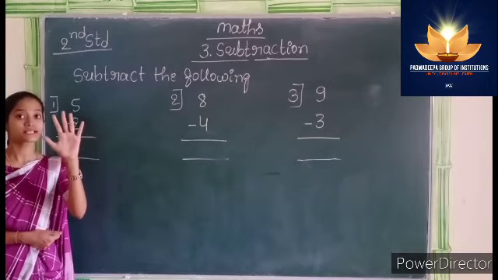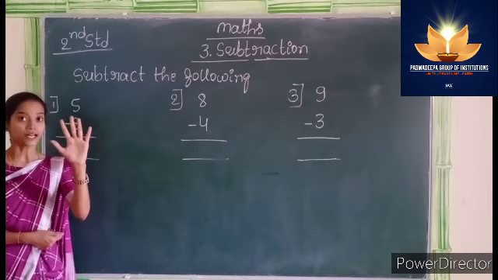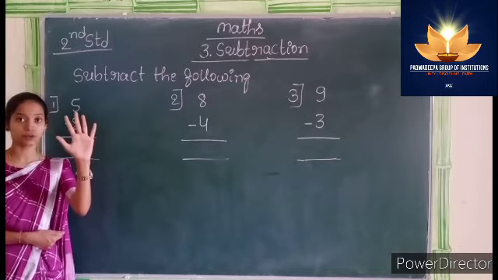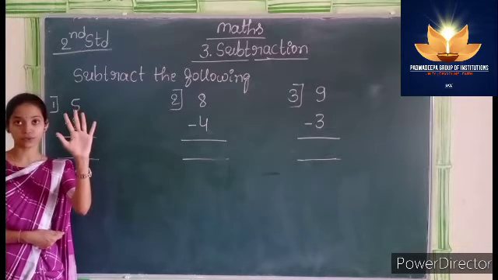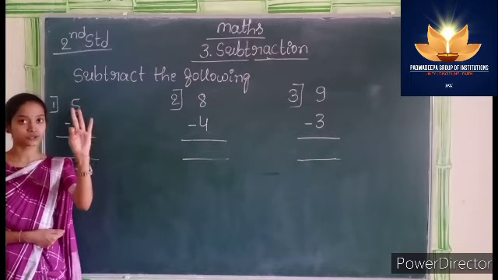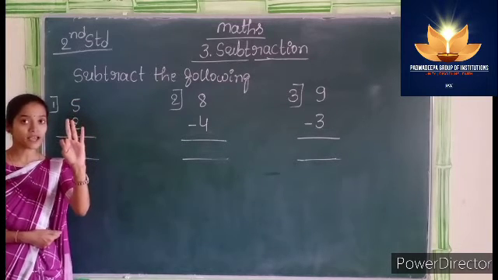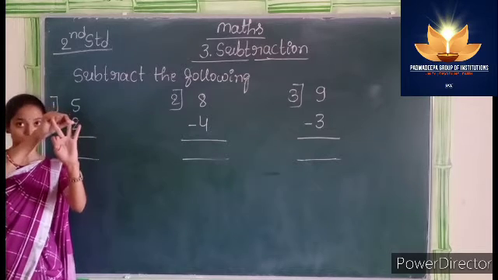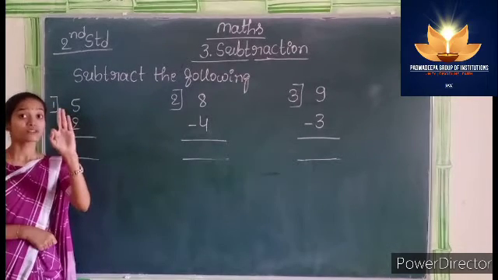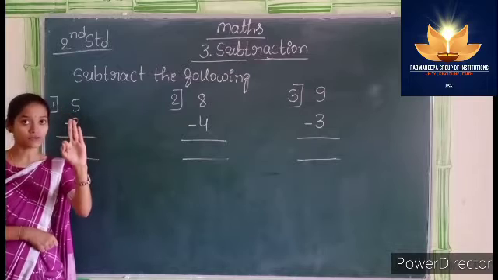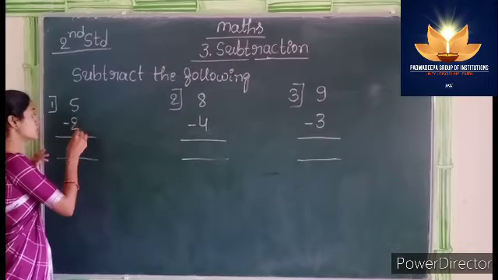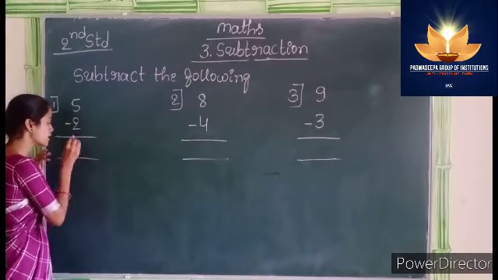We have to subtract or remove 2 from this 5. So I will remove 2. 1, 2. How many fingers are left? Let's count. 1, 2, 3. 3 fingers are left, right? So 5 minus 2 is 3.